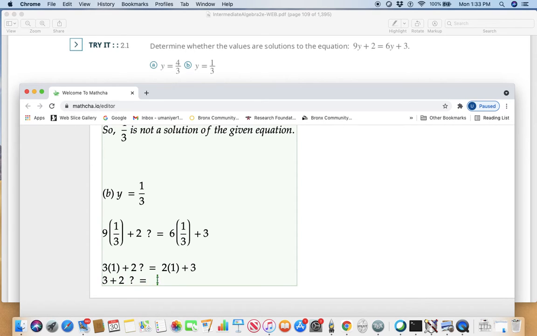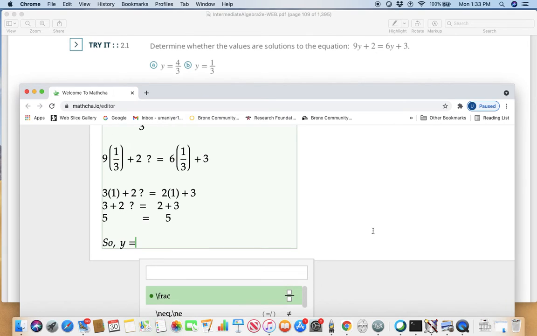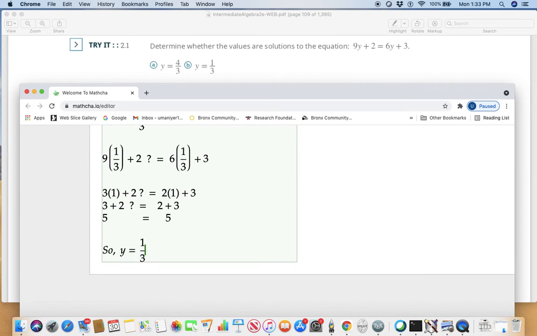Question equals 2 plus 3. 5 is indeed equal to 5. So, y equals fraction 1/3 is a solution.